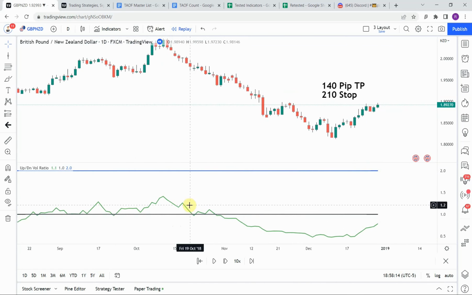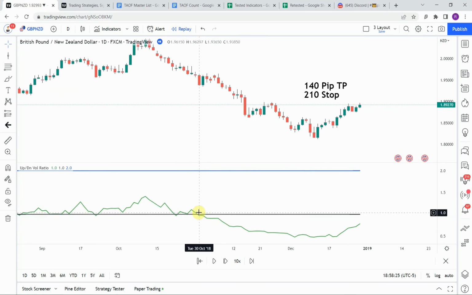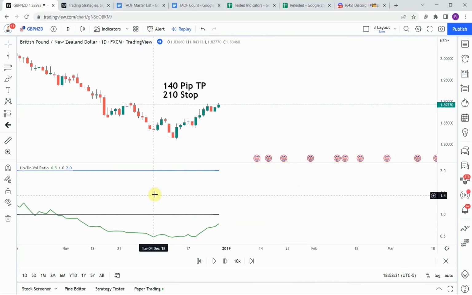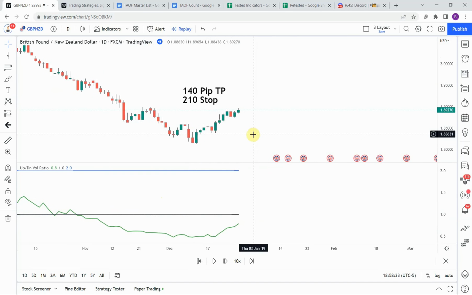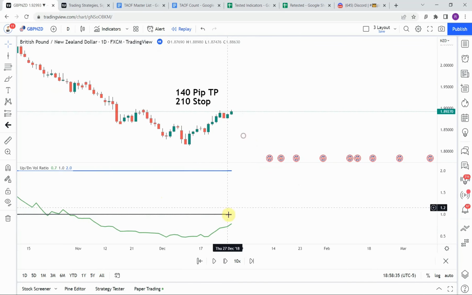So as the green line crosses down below the 1.0 line, this black line here, then we are going to go short. When we get the green line crossing up above that 1.0 black line there, then we are going to go long. So let's go ahead and get on with the testing and see what we can get out of it.